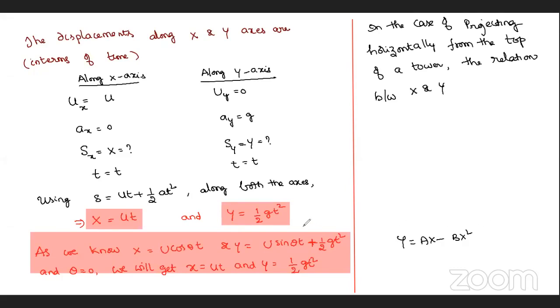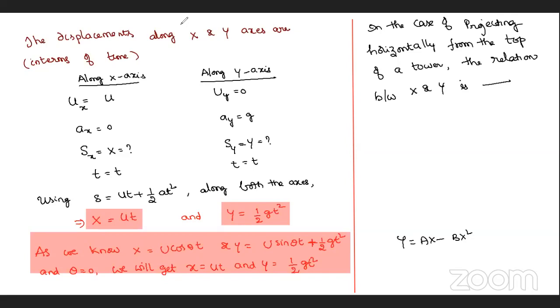Such a type of equation, will you get it from these two? To get the relation between x and y, simply eliminate t from the two equations. In just, I think, one step, you will get the answer, by putting t is equals to x by u.